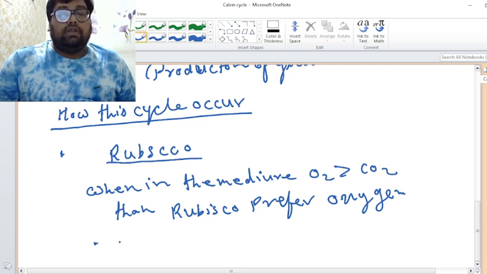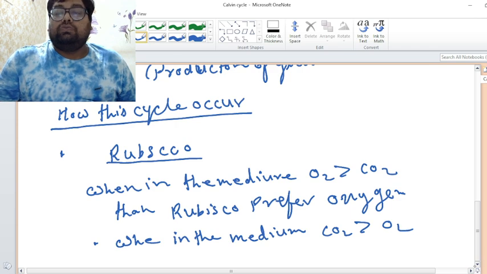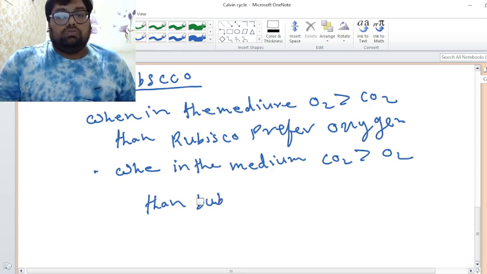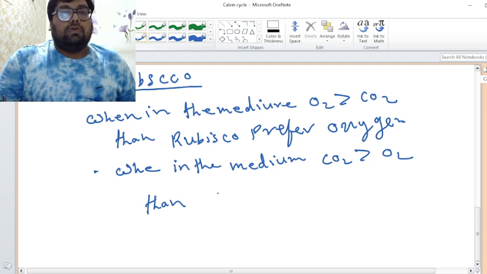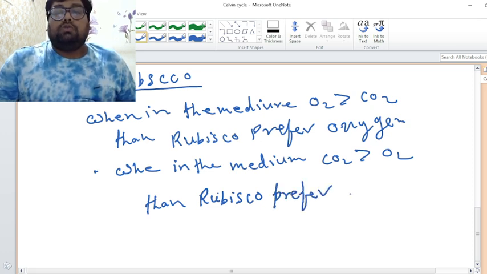Second condition: when in the medium the CO2 concentration is greater than O2, then what will happen? Then Rubisco prefers CO2 over oxygen.